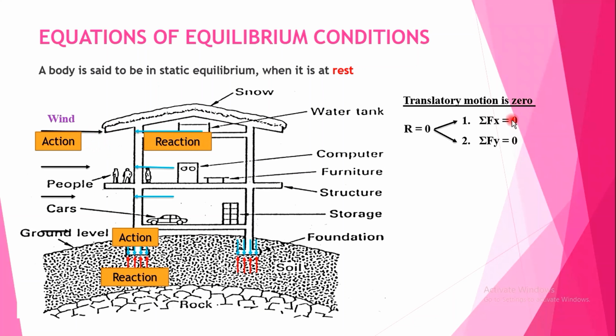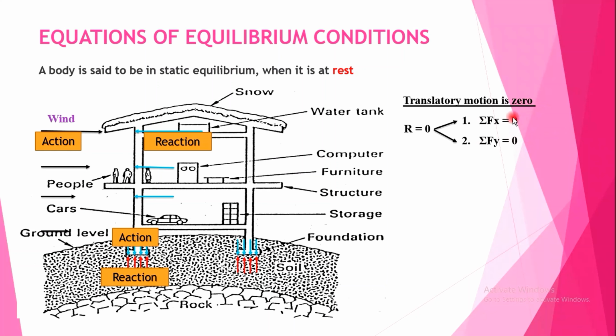This is 0 only. This condition is satisfied. Then the second equation of equilibrium is summation of vertical forces, summation of Fy equal to 0, means this vertical action and reaction are both equal. These two will be cancelled, then the net will be 0 only, means both these two equations will be satisfied for the static equilibrium condition.